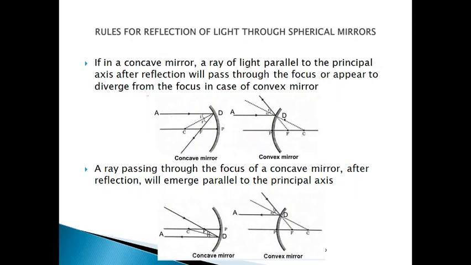Now, in case of the convex mirror, the rule is the same, only the diagram is different. The ray of light which is parallel to the principal axis of the convex mirror appears to be coming from the focus after reflection from the mirror. तो रिफ्लेक्ट तो वो यहाँ से हो जाती है, लेकिन अगर आप उसे पीछे की ओर प्रोड्यूस करेंगे तो आपको लगेगा कि ये फोकस से आ रही है.